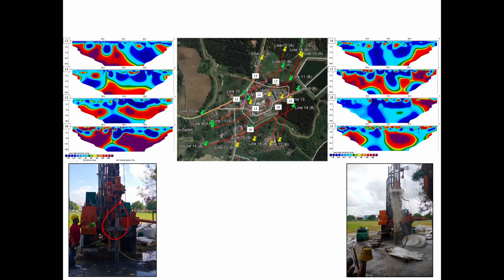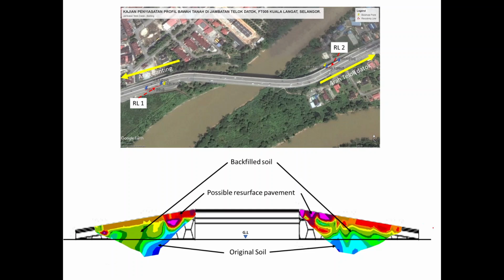Okay? So this shows the outcome of the study. Or if you want to look at the profile, for example here, we studied the abutment soil profile along the abutment. So you can see the pavement layer.